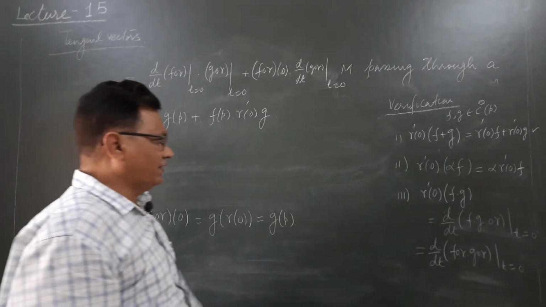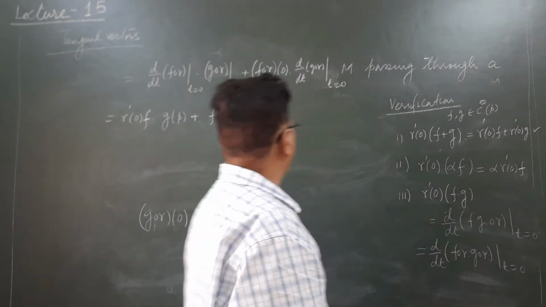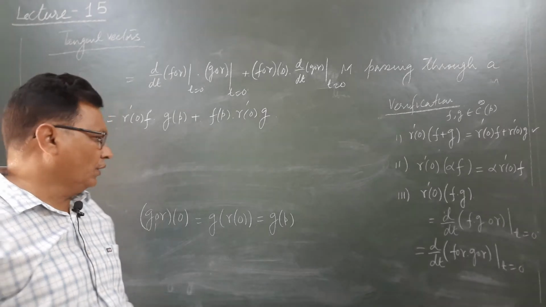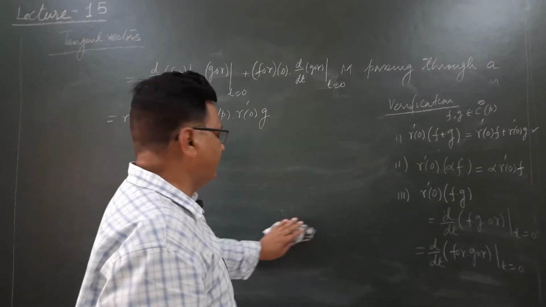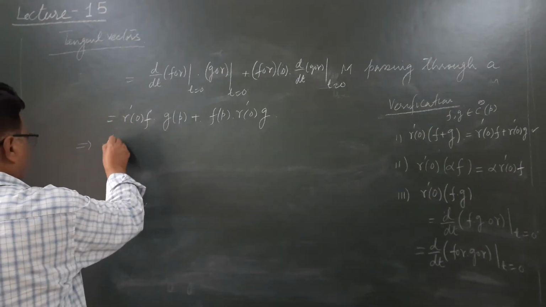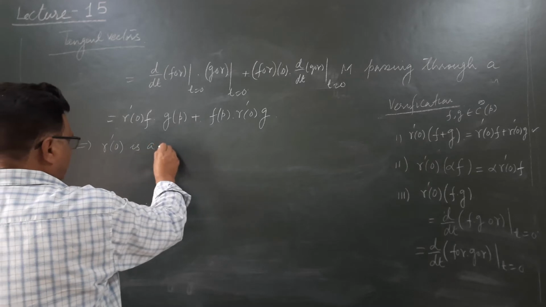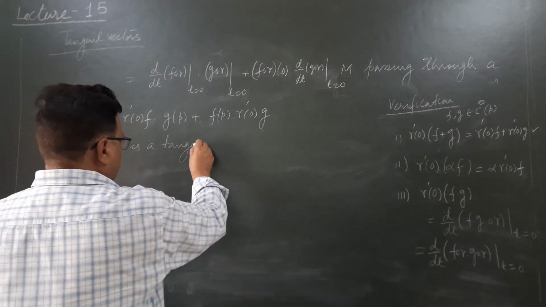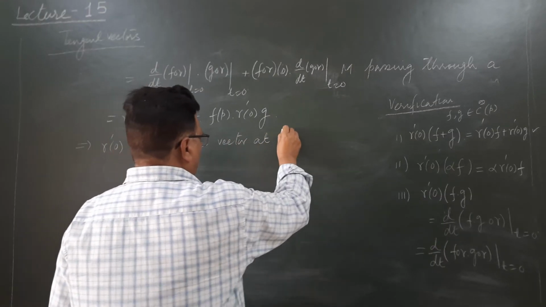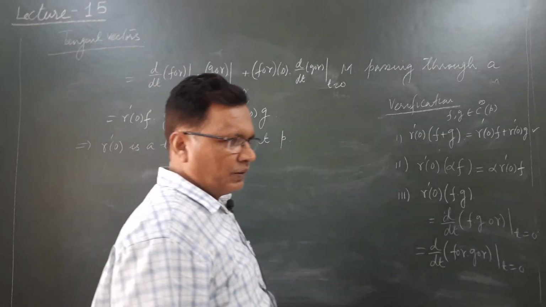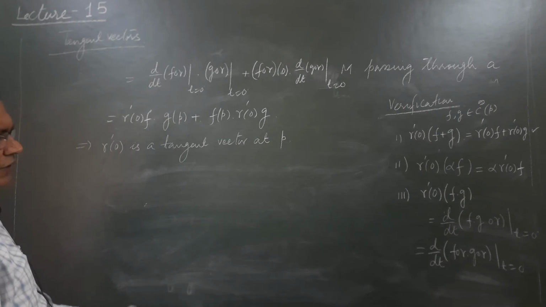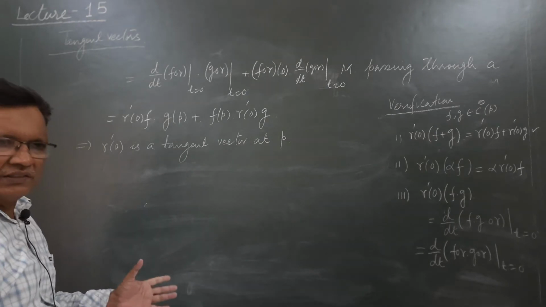So now the left hand side is gamma dash 0 on f into g, it is equal to this much, which means the Leibniz property holds. So gamma dash 0 is a tangent vector at p. Okay. So we know that these vectors which were already known to us are tangent vectors in our sense also.